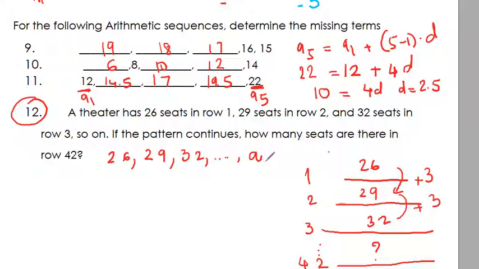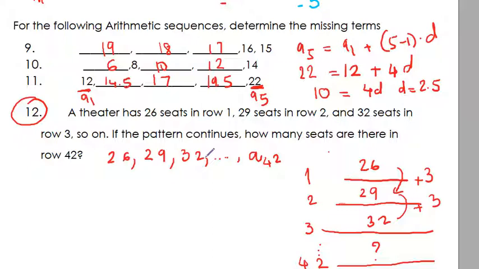A sub 42 we don't know, right? We don't know how many numbers are here. How many seats? It means you need to find a sub 42. Alright? What are you gonna do?